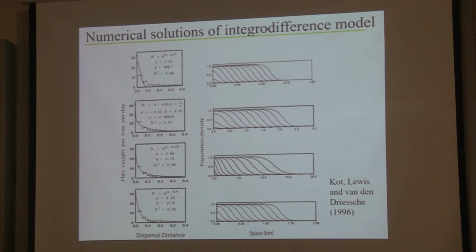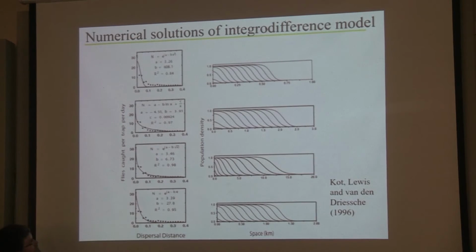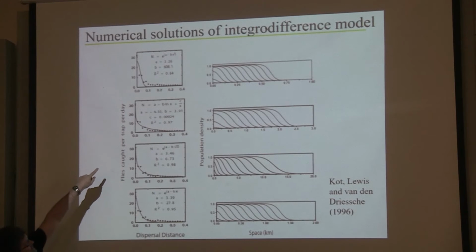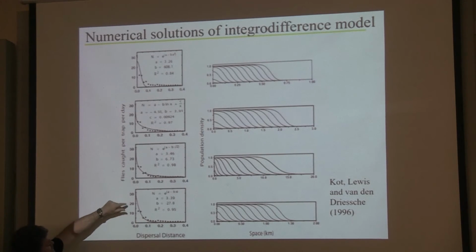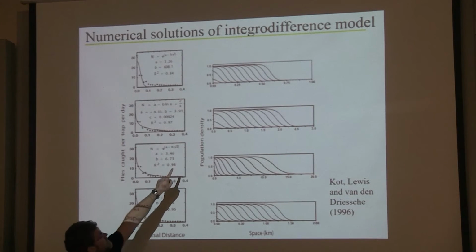Okay, so the idea here is that if we look at a population, we fit a dispersal function to it. Then depending on the dispersal function, if we capture the long-distance dispersal effectively or not, we see spread at very different speeds.